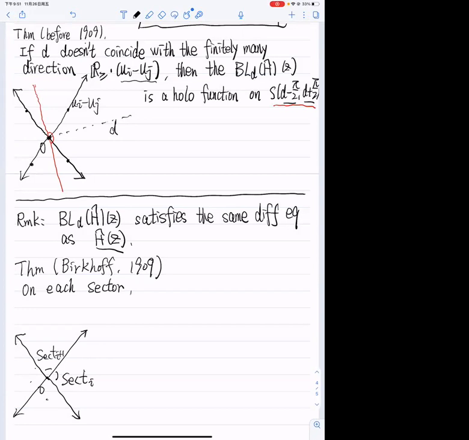And then on each of these sectors, let's call it sector I, there is, by the Borel-Laplace transform, a holomorphic fundamental solution of our linear systems, given by the Borel-Laplace transform of H hat times a singular part. This is simply because the Laplace transform satisfies the same differential equations as H hat. Therefore, after the resummation, it's still a solution.